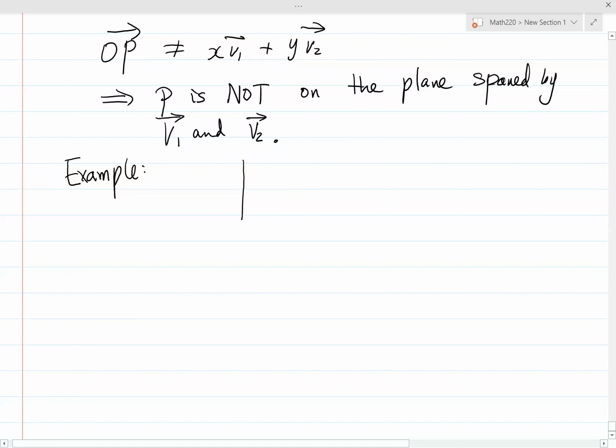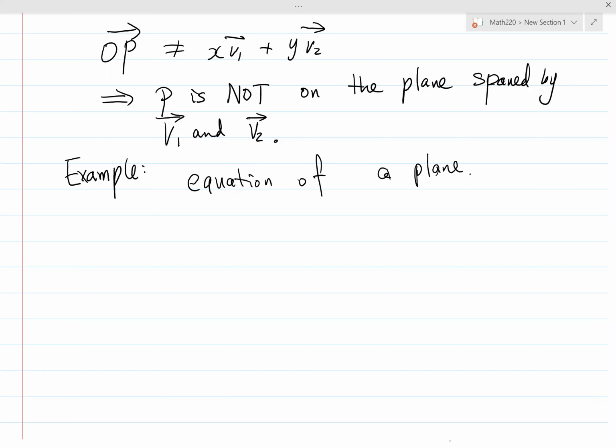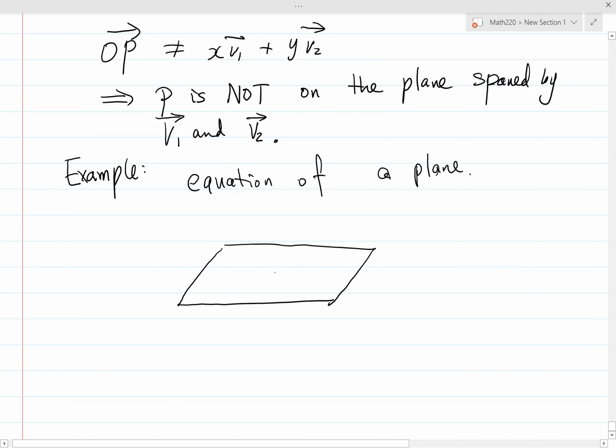Let me first write down the equation of a plane. Now suppose we have a plane. Now we have the normal direction n.